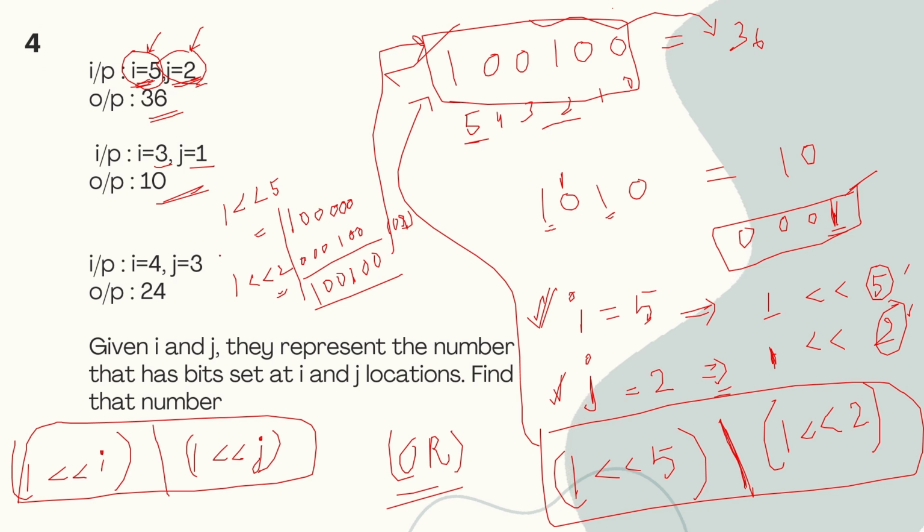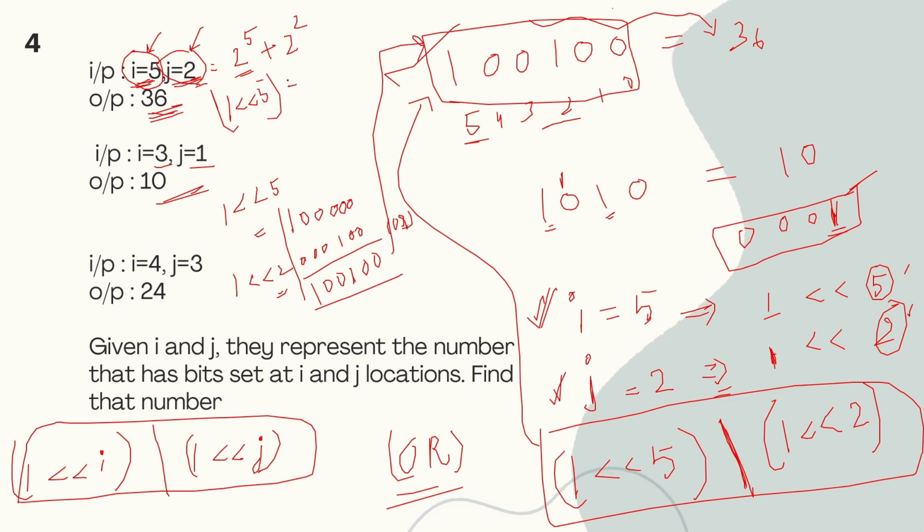Okay, you can do something like this also, like this is 2 power 5 plus 2 power 2. 2 power 5 is 32, 2 power 2 is 4, so it will bring you 36. As I said in the first problem, to find 2 power n, you need to find one left shift n times, that means 5 times.